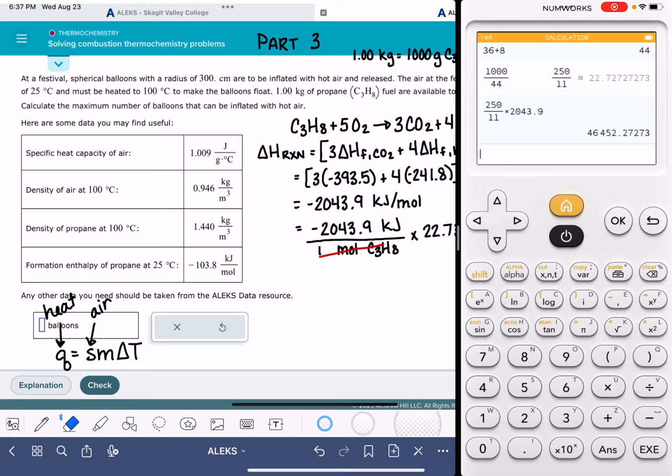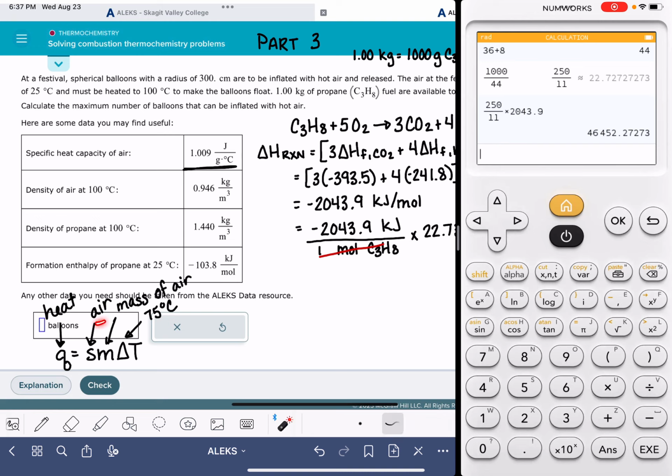So we're going to be using the specific heat capacity of air, this number right here. We're going to be calculating the mass of air that's inside each balloon. And then this is going to be that temperature change. For us, it's 75 degrees C because we're going from 25 to 100. Yours may not be 75. Just pay attention to what those temperatures are.